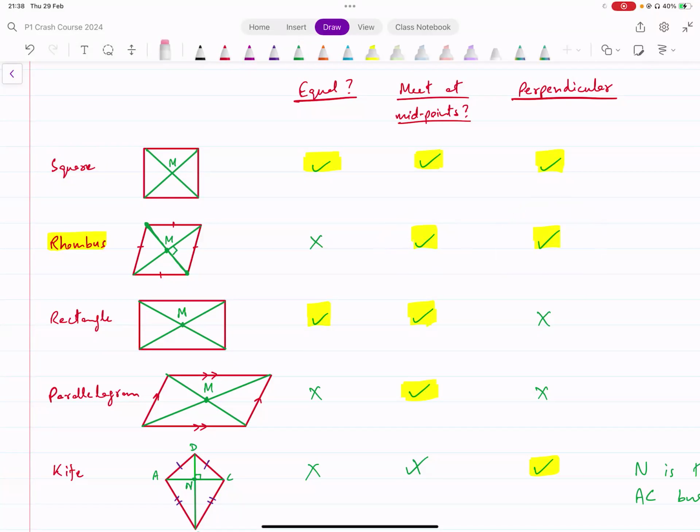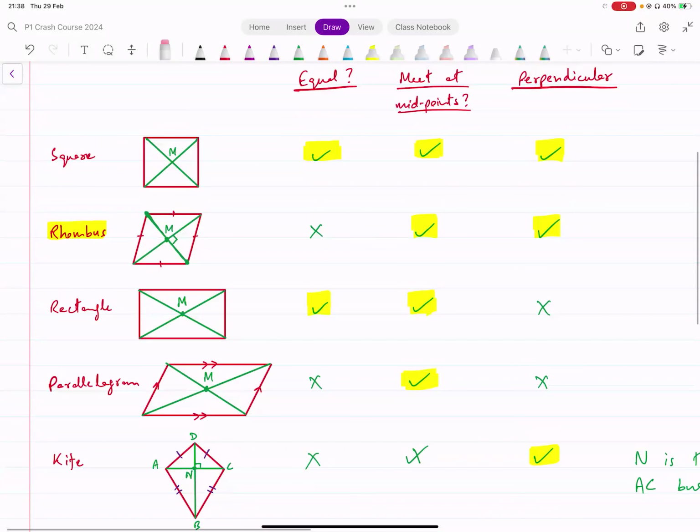The others that are tested are often pretty obvious. For a square, it's kind of obvious. For a rectangle, these are obvious. Parallelogram, the diagonals in a parallelogram meet at the midpoints. That's also kind of obvious. So it's mostly the properties of rhombus that you tend to forget. So make sure that you remember them. That the diagonals of a rhombus are perpendicular and they also meet at midpoints.